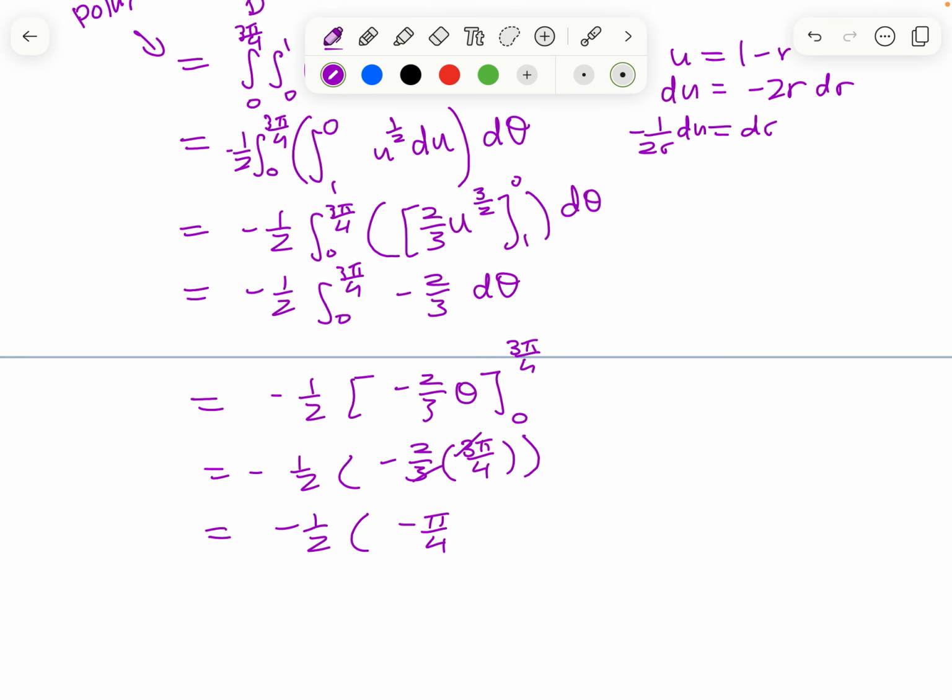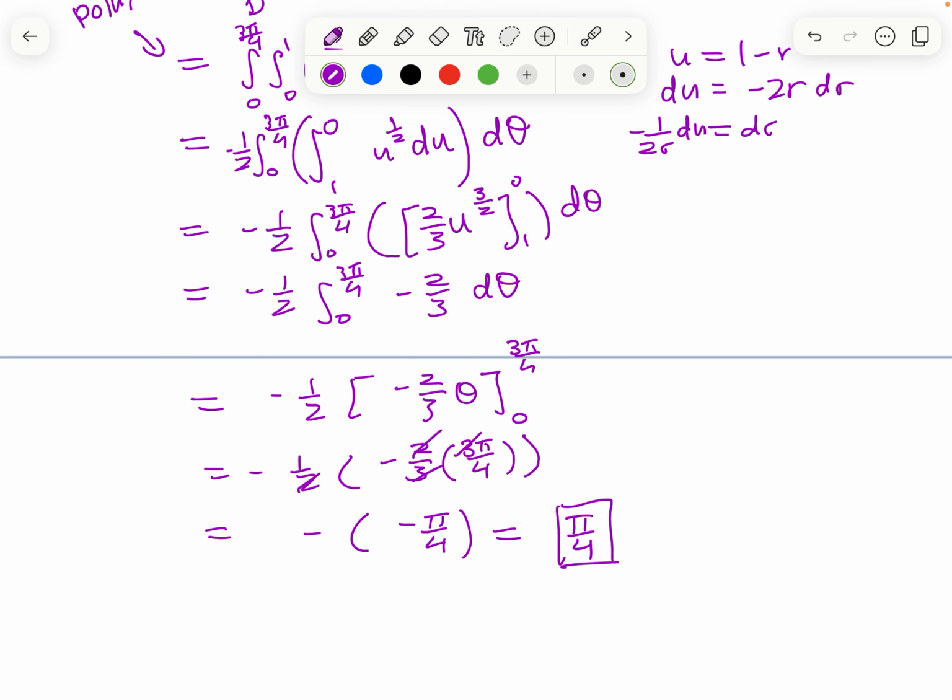Then I can also cancel out the 2, and this just becomes negative here, and our final answer is pi over 4.